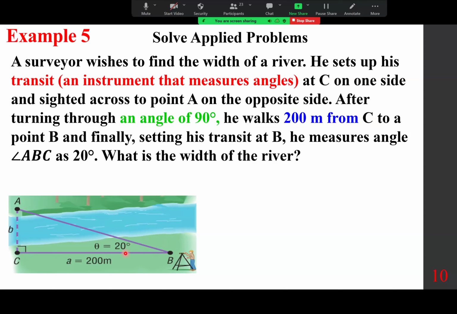So this angle is 20 degrees. What is the width of the river? This is one simple application.